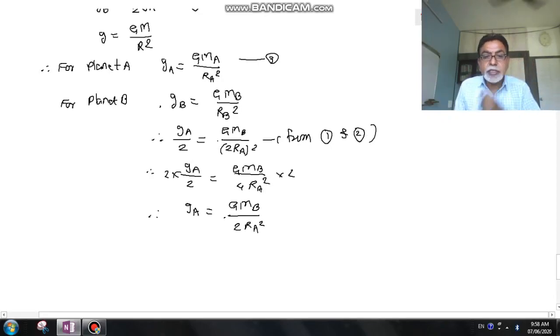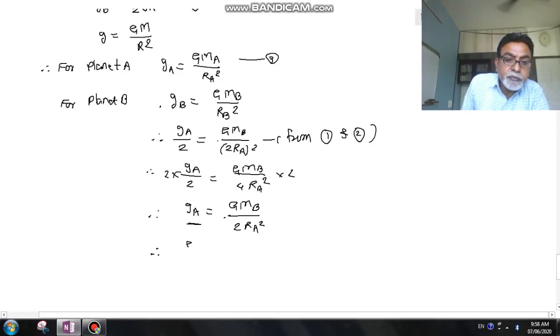And now from equation 3 we'll put the value of this gA here. So let's put the value of gA here. What will we get? G MA upon RA square is equal to G MB upon 2 RA square. So here G cuts, RA square cuts, RA square cuts.